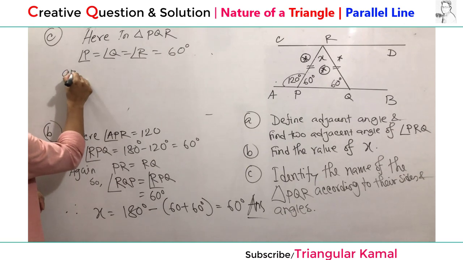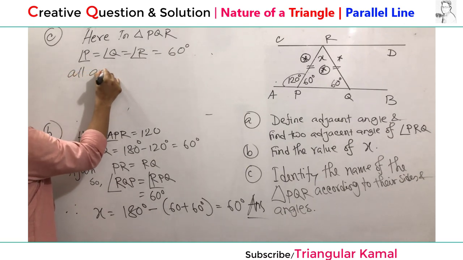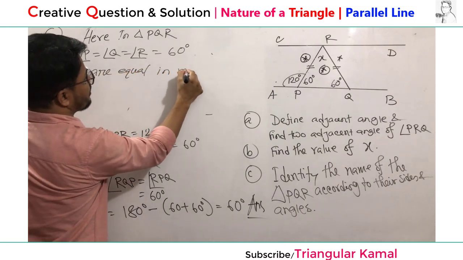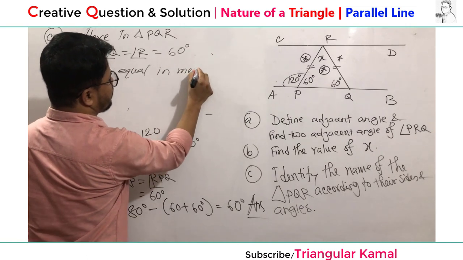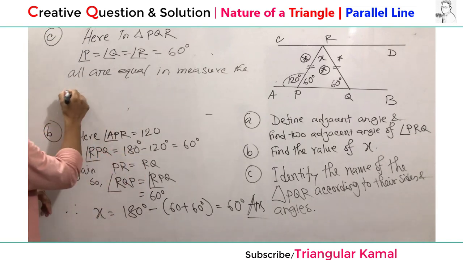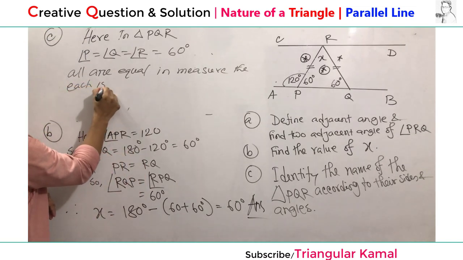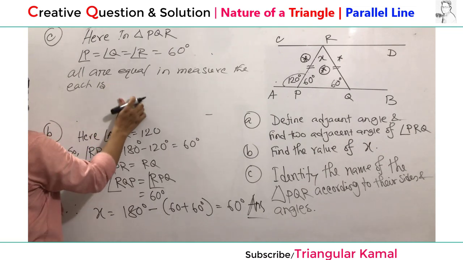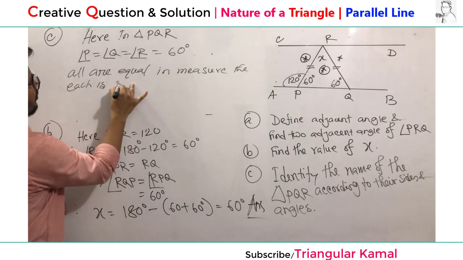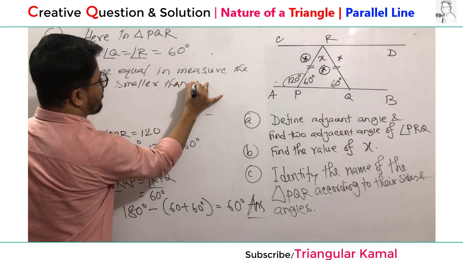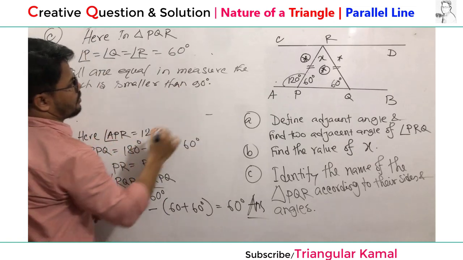So all are equal in measure, and each angle is smaller than 90 degrees.